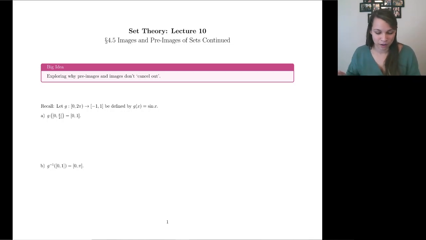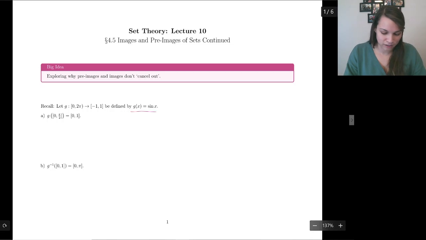Today we're going to be talking about why pre-images and images don't cancel each other out. Remember from last time we talked about this function sine of x, and we looked at the image of 0 to pi over 2, and then we looked at the pre-image of this interval here, and we got not the same thing.